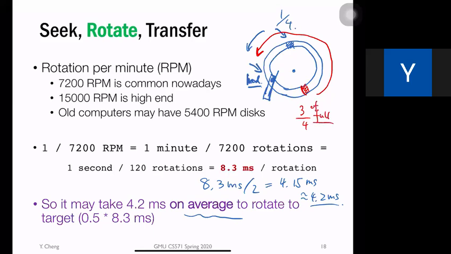So statistically speaking, there is almost half the chance your data is located in this half, and another half the chance your data is located in the other far half. That is how we cut it in half, and we just take 1/2 of it, which is roughly 4.2 milliseconds. So this is the whole calculation process of how exactly we quantify rotation latency.